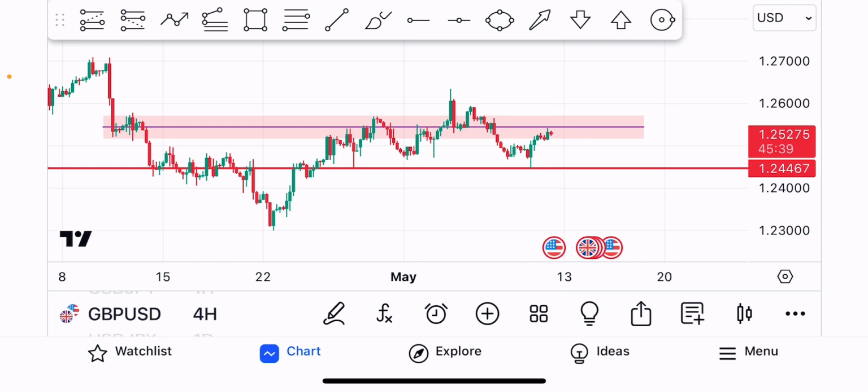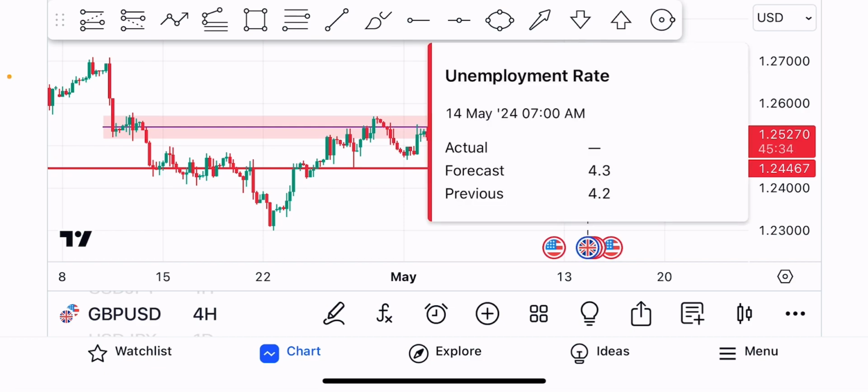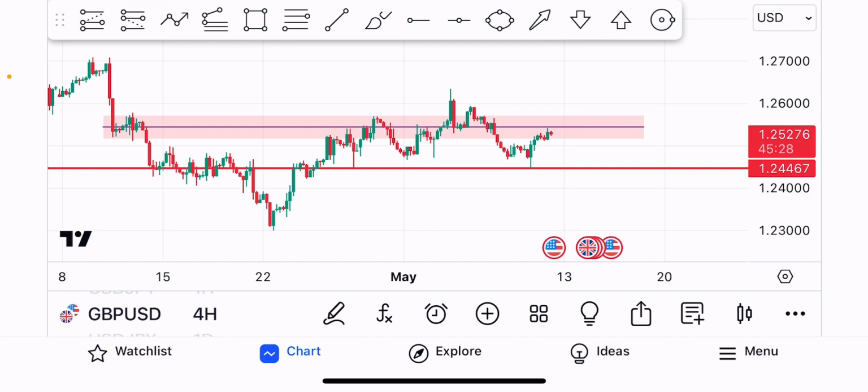Now in the coming week we have CPI, we have the unemployment rate from the United Kingdom. Once we watch how these fundamental news are released and we get a possible sign that price may decline further, then we will hop into a short-term sell.